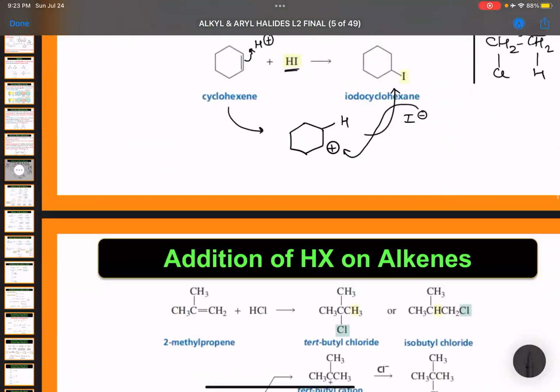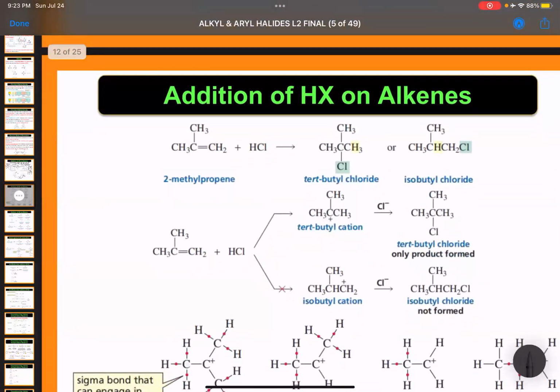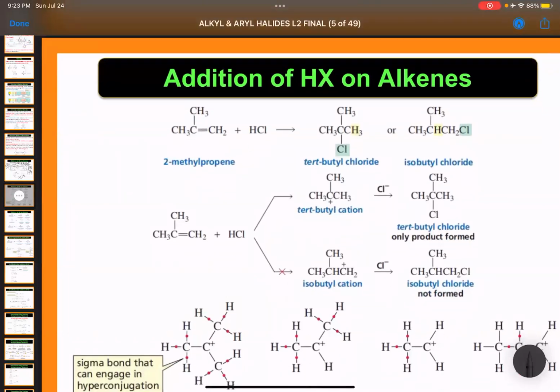So now the next thing you need to write is Markovnikov addition. Addition of HX. I am writing HX in a general way. It can be HCl, HBr, HI.